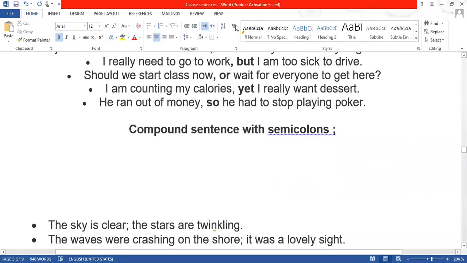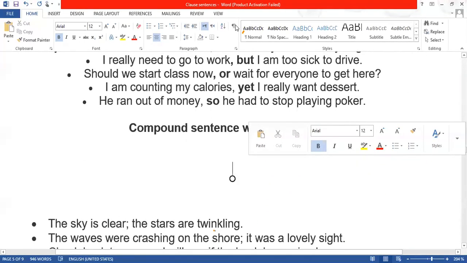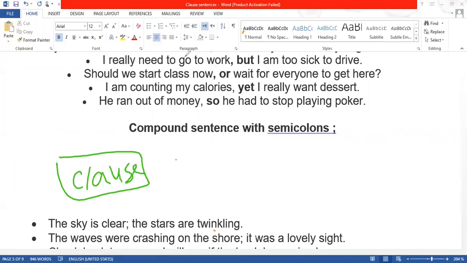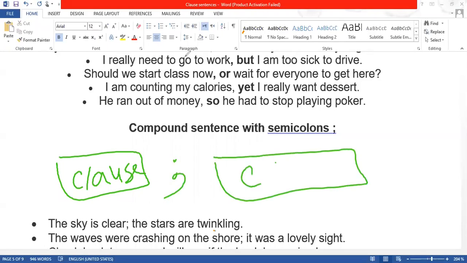Okay, so there is another way to write compound sentences, and that is very stylistic. The formula for such sentences is that we will have a clause, and then we will have a semicolon, and then we will have another clause. So it means that we can replace a coordinating conjunction with a semicolon.